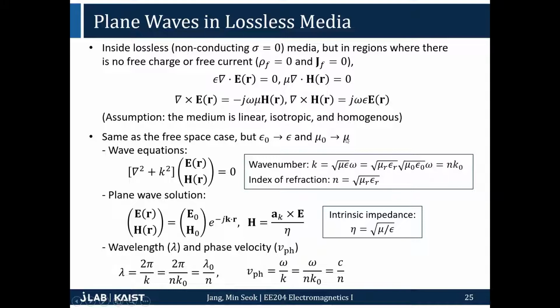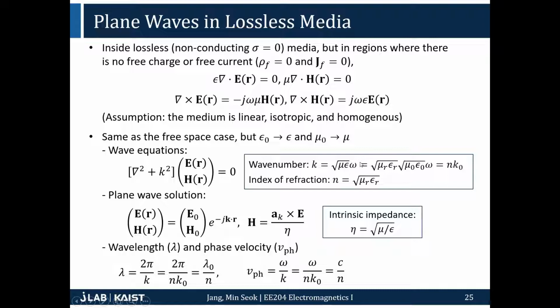So epsilon and mu can be different from their vacuum values. If you plug that in and rearrange the equation, you realize that the equation form is exactly the same, but only the k vector changes. The k vector was square root of epsilon mu times omega, and previously this was epsilon 0 and mu 0.